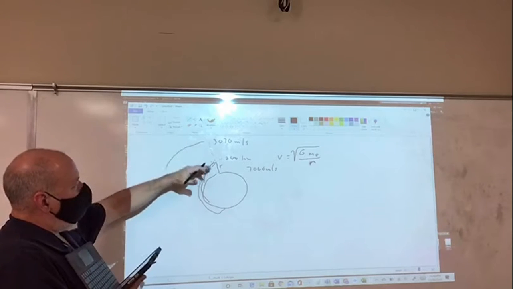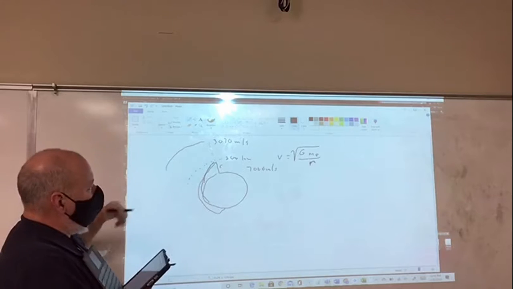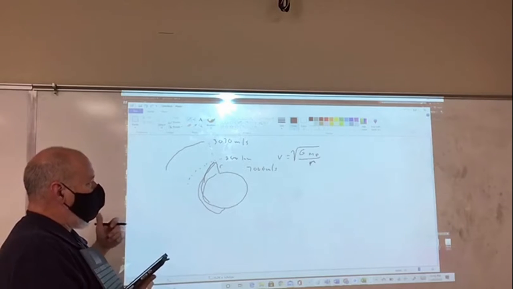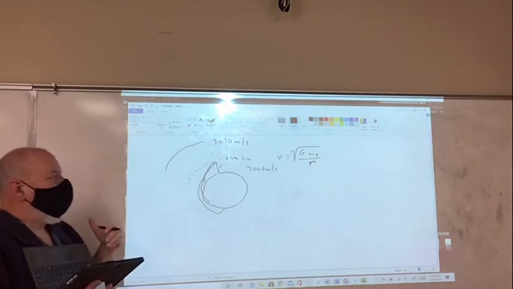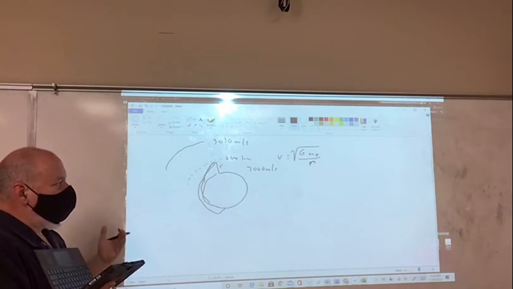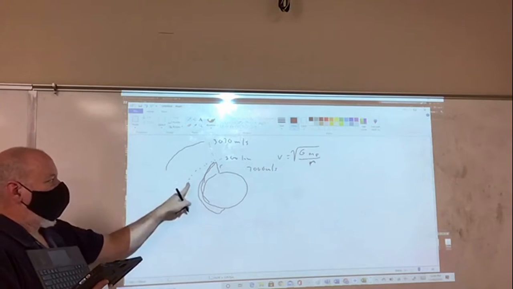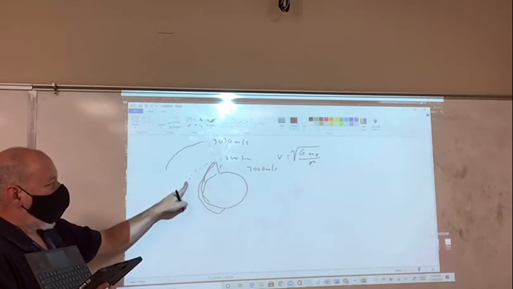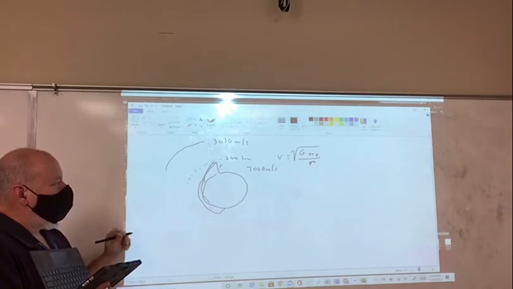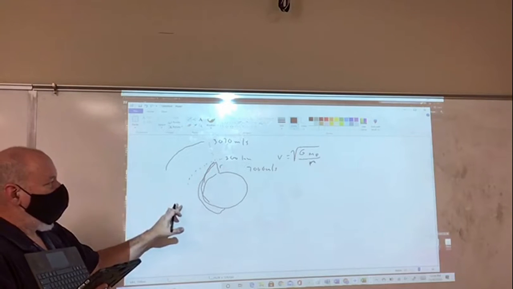But the farther out I go, the less that pull of gravity, so the less the velocity that I need to stay in motion. Now, that is a little bit contradicted by something else that I said and that I actually ended up taking out of the notes, and that is that if I'm at a certain velocity and I speed up, I'm going to move into a higher orbit.